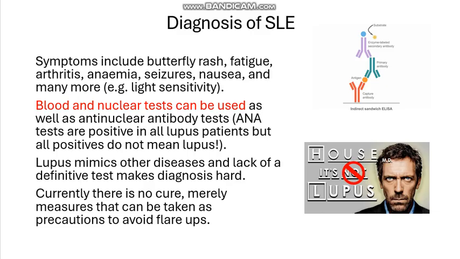If you have these anti-nuclear antibodies, that does not necessarily mean that you have lupus, because they're found in a lot of autoimmune diseases. So that's why you also have to do stuff like blood tests to compare symptoms. So all lupus patients will have positive anti-nuclear antibody tests, but not all positive anti-nuclear antibody tests mean lupus.